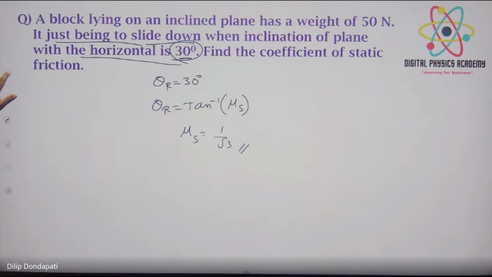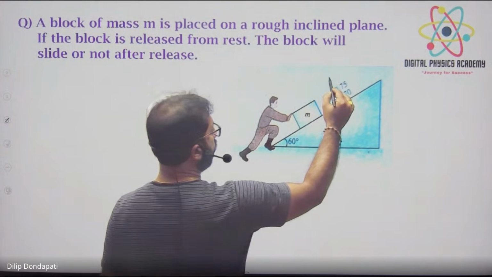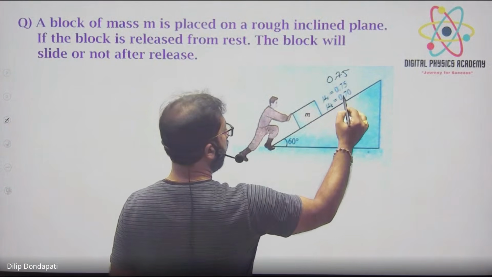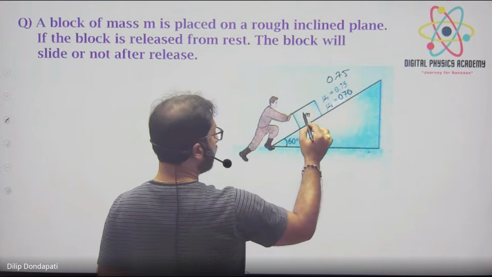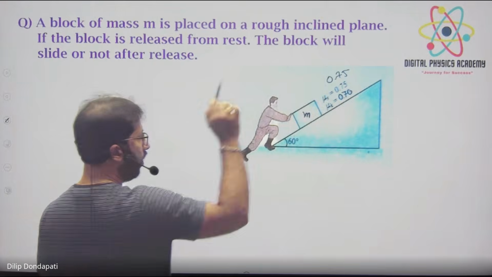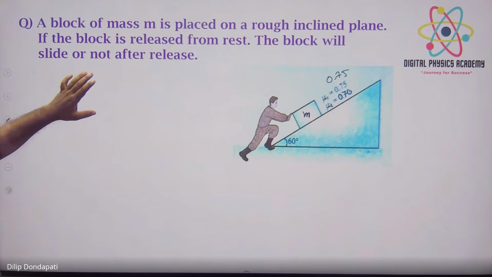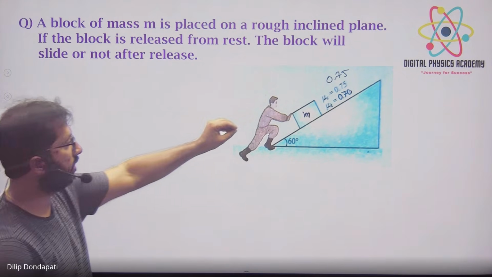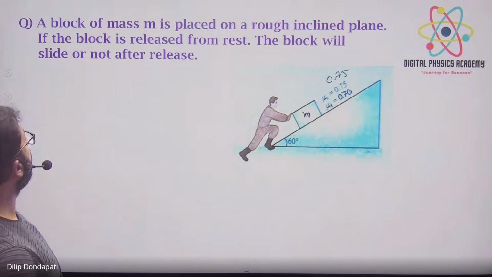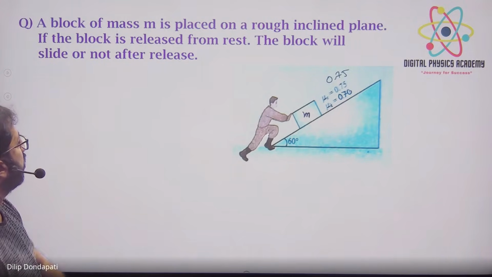Next. The given mu s is 0.75 and mu k is 0.70, and the incline is at 60 degrees. The block of mass m is placed on a rough inclined plane. If the block is released from rest, will the block slide or not after release?